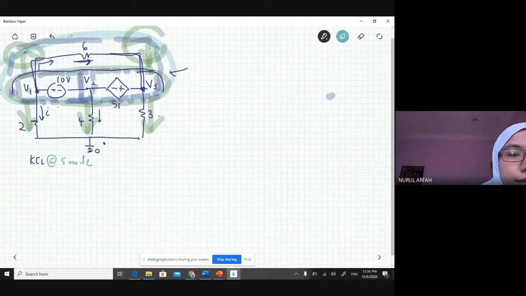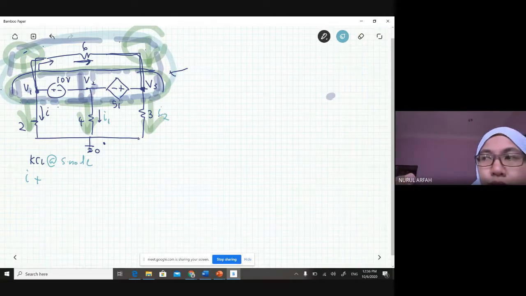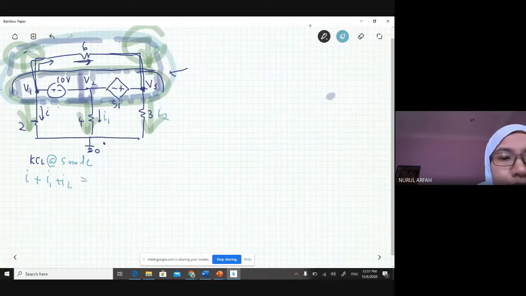What is the KCL at the supernode? The I here, not I1, I only, plus this I1, and then plus this I2. Since they all are leaving the boundary, I plus I1 plus I2 equal to 0.